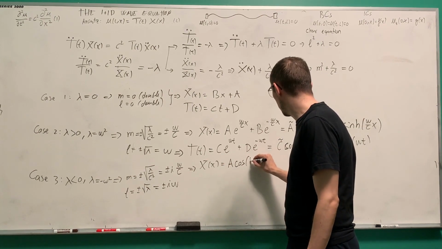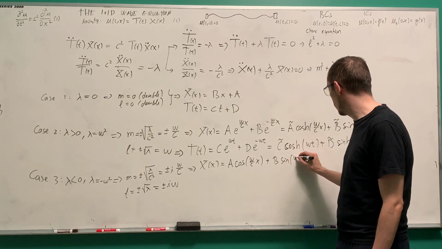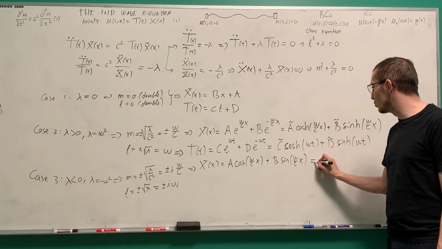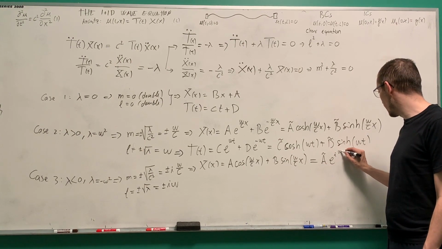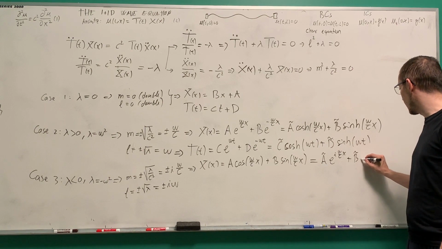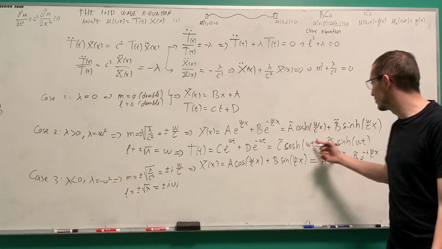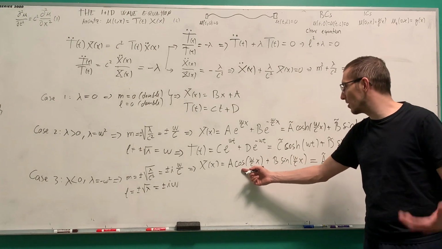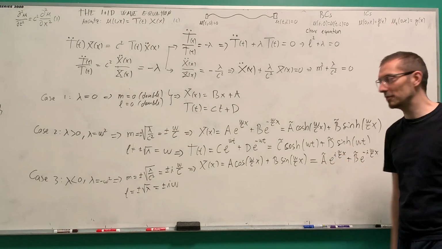Cosine of omega over c x plus B sine omega over c x. Actually, I can also do it, if I wanted, as A tilde e to the i omega over c x plus B tilde e to the minus i omega over c x, which is the same as going from exponential functions to hyperbolic sine and cosine, or to the usual circular cosine and sine. In terms of complex exponential, same thing. We could do either or at our convenience.